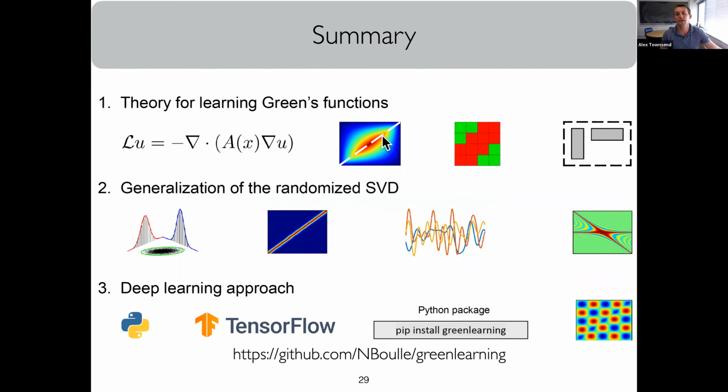And it used this concept of the generalized singular value decomposition, which is allowing the randomized SVD to work with correlated inputs or random functions, as well as the structure of the Green's function. So hierarchical low rank structure, as well as some decay rates. And in the end, we were comparing it against deep learning approaches and finding that those deep learning approaches were beating this rigorous algorithm by constants.